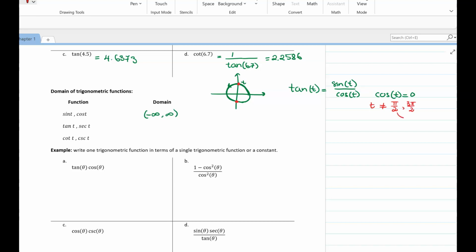From pi over 2 to 3 pi over 2, the difference is pi. So for every pi period, tangent of t is undefined. Then the domain for tangent of t and secant of t is all real numbers except 2n plus 1 times pi over 2, where n is any integer.